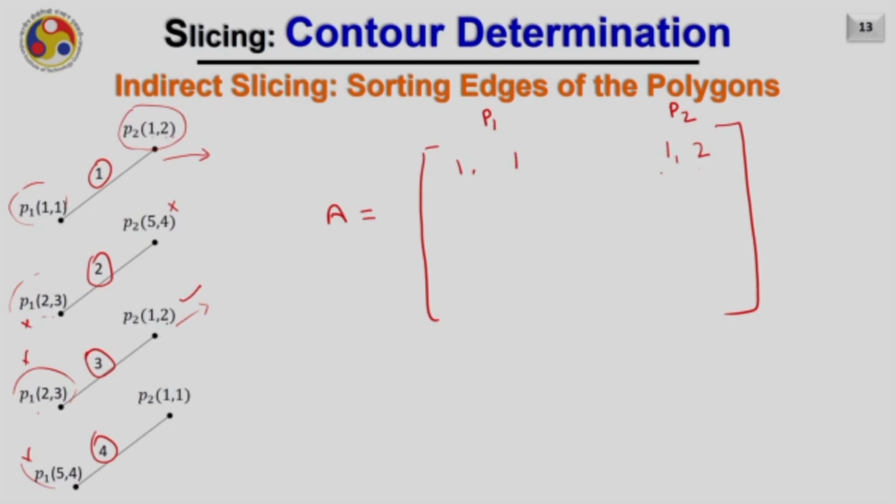That means our next line will be this, but in a reverse manner. In a reverse manner means I am going to redefine this line and I will replace these points. Hence, the point P1 will be now 1, 2 and P2 will be 2, 3 for line number 3, and hence now I will put it here. Hence, this is 1, 2 and this is 2, 3.